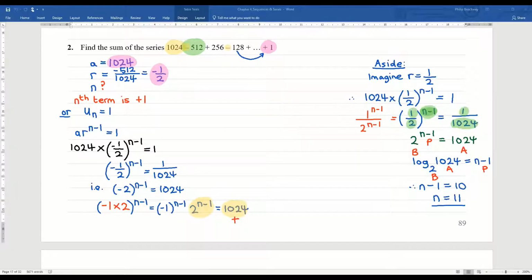Well, if you raise 2 to the power of anything, I guarantee you're going to get a positive number. This is always positive. Now we have a product here. What do you multiply a positive by to get a positive? Well, we are forced to make this a positive now. The (-1)^(n-1) has to be positive. There's no choice.